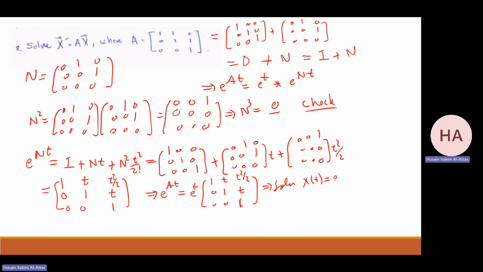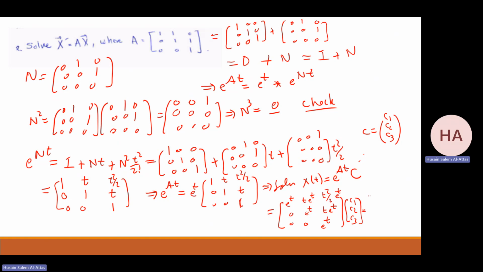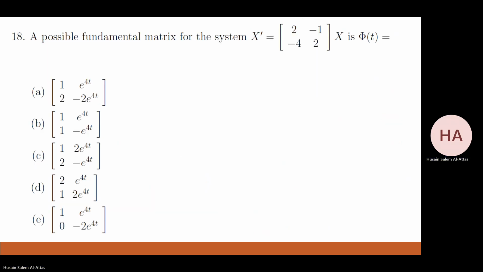The general solution is e to the power At times c, where c is c1, c2, c3. That will be e^t, t e^t, t squared over 2 e^t, 0, e^t, t e^t, 0, 0, e^t, times c1, c2, c3.